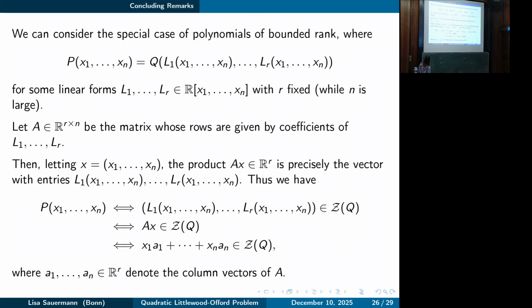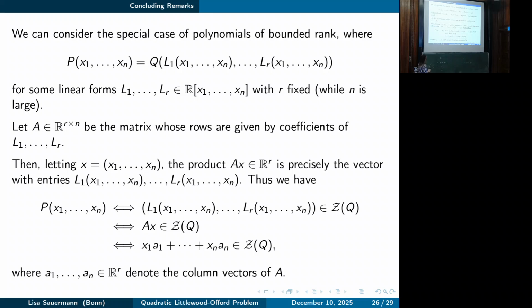So the probability that this polynomial is 0, let's for simplicity look at taking the value 0, the event that this is 0 corresponds exactly to this vector with those entries lying in the 0 set of this polynomial. That's the same as A times x lying in the 0 set of this polynomial.